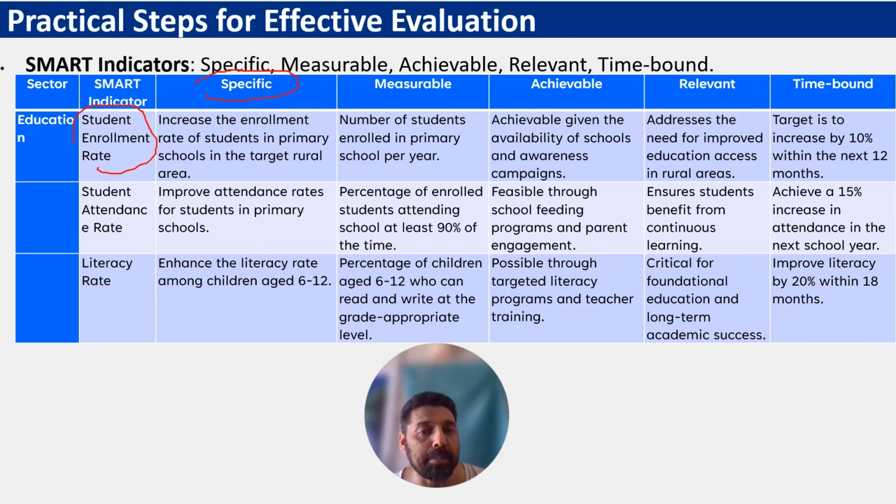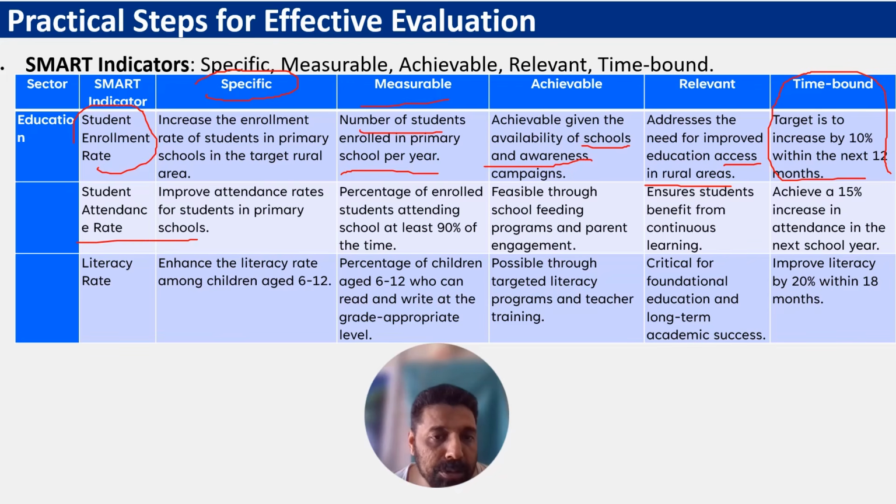Measurable: number of students enrolled in primary school per year. Achievable given the availability of schools and awareness campaigns. Relevant: addresses the need for improved education access in rural areas. Target is to increase by 10% within the next 12 months. So that is what we said, time bound.